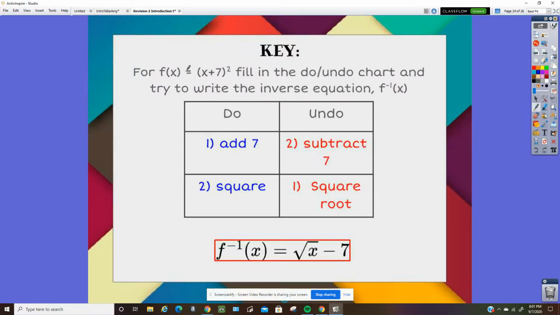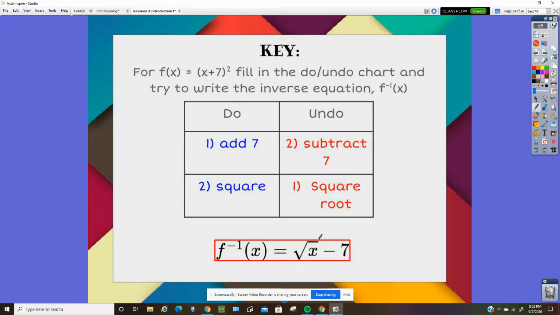And here's the answer key again. So do what's inside the parentheses first, add 7, and then square it, and then the inverse of squaring is take the square root. Inverse of add 7, subtract 7. So I write down my x, and then take the square root of x, and then the last thing I do is subtract 7.